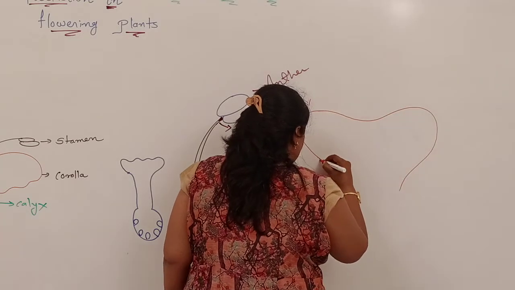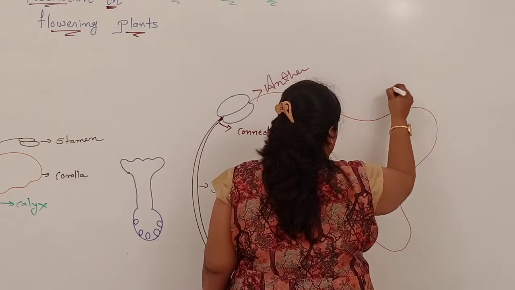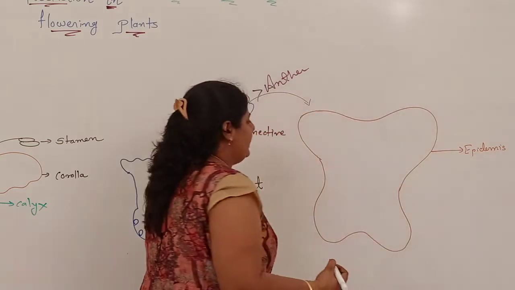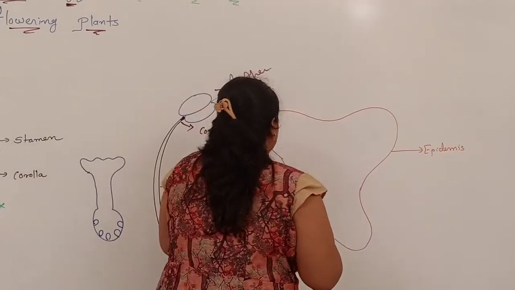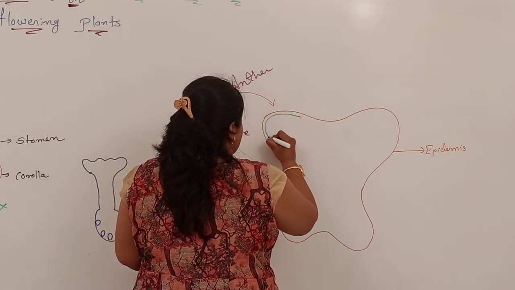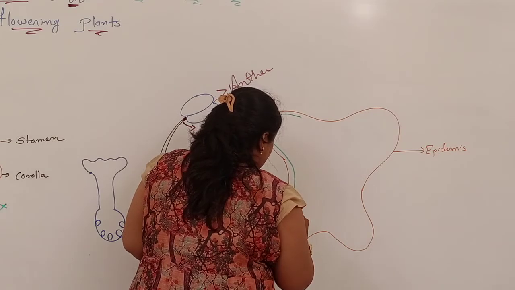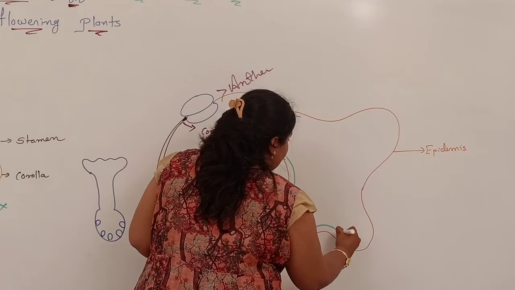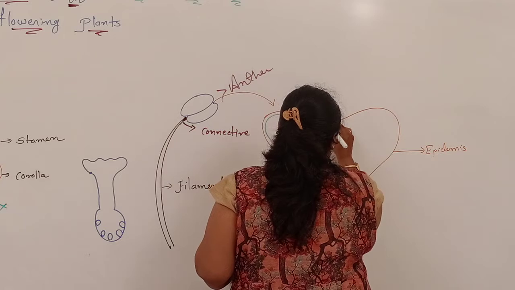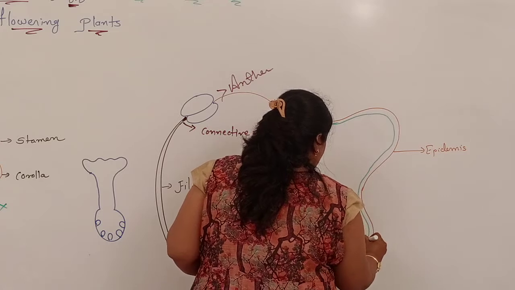First layer, epidermis, which is protective in nature. After epidermis, the second layer is the endothecium. As the anther becomes mature, this endothecium will break and all pollen grains are released into the air. Now this diagram is most important for 2 marks.